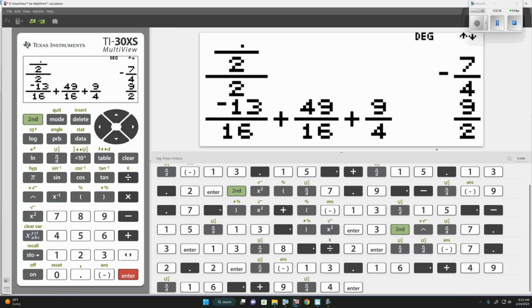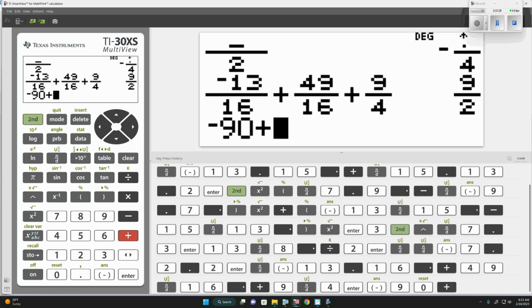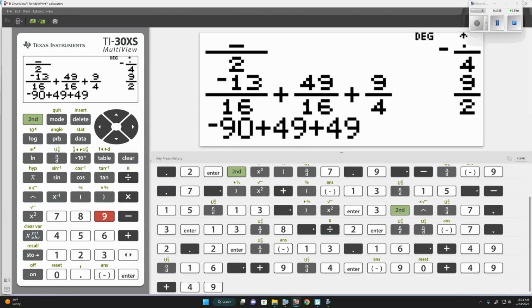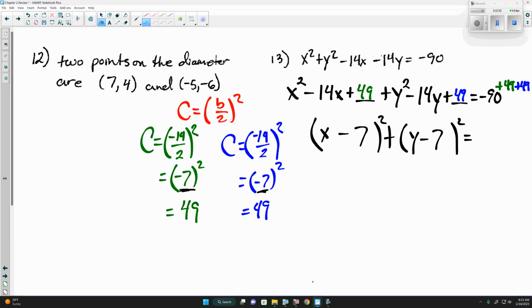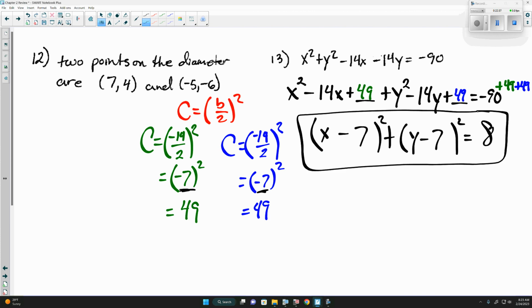well, in the calculator we can say negative 90 plus 49 is 8. And that there would be our equation.